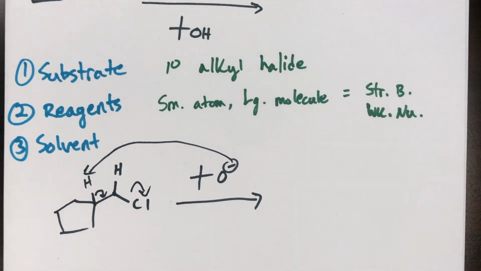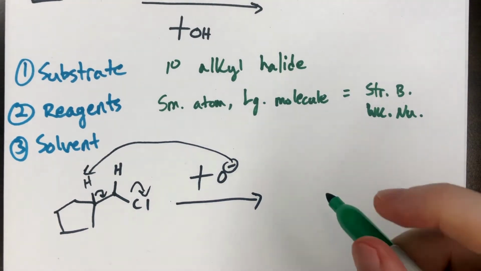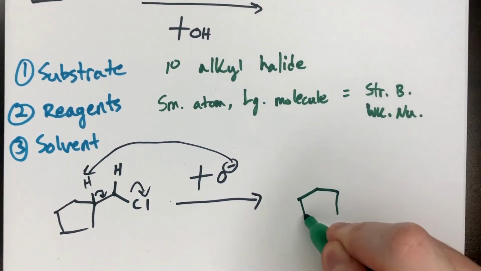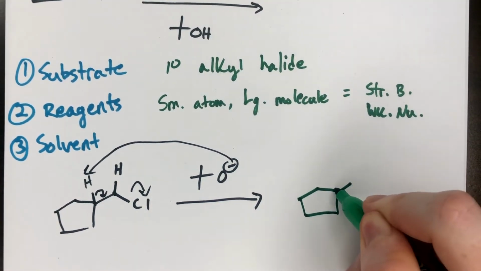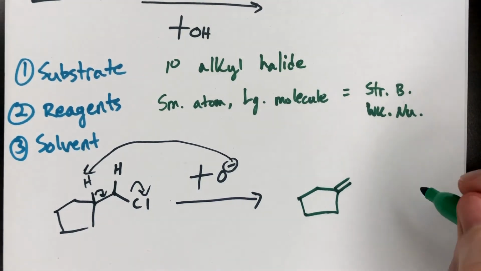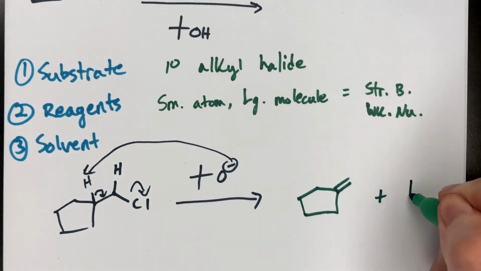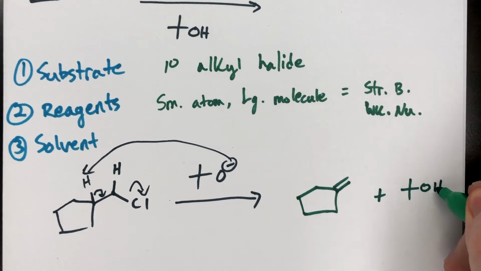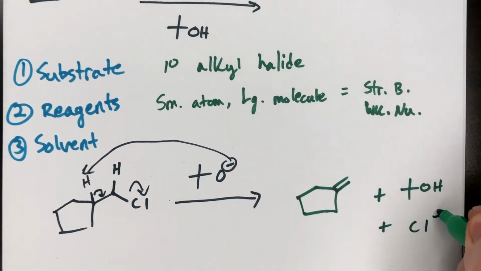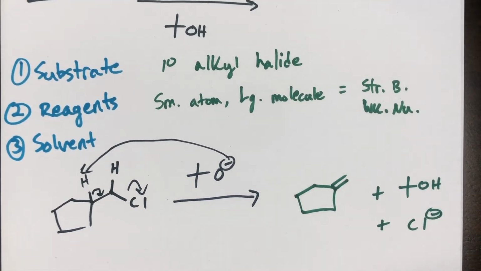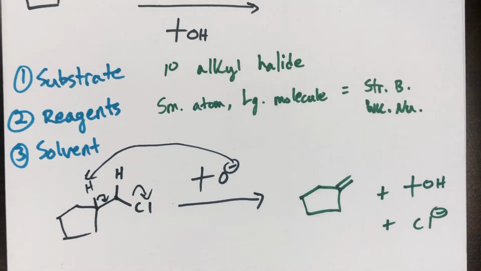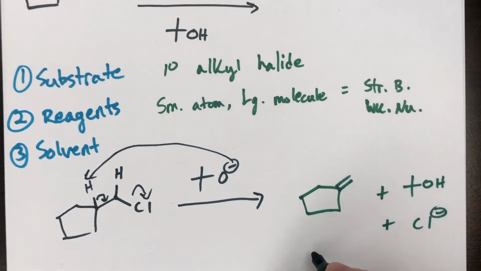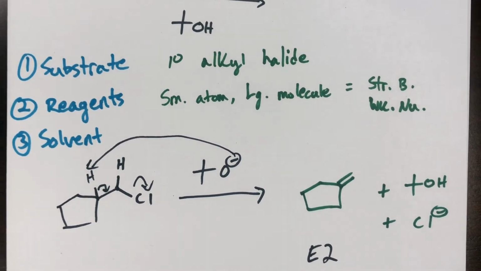So your final product, putting this together now, is this, and then you also lose the t-butyl alcohol and Cl minus as your leaving group. So here, this is just our E2 product, the alkene. We have no substitution or unimolecular process, no SN1 or E1.